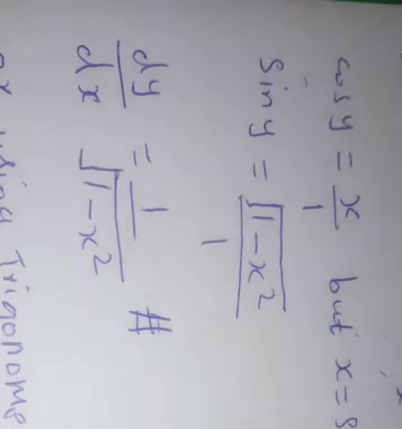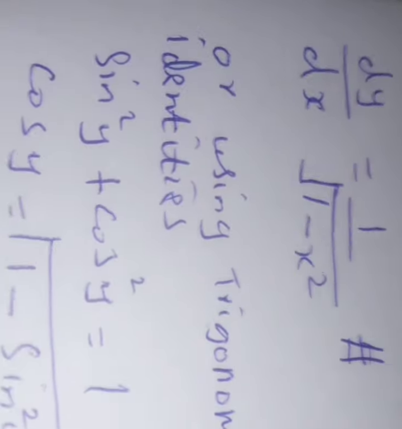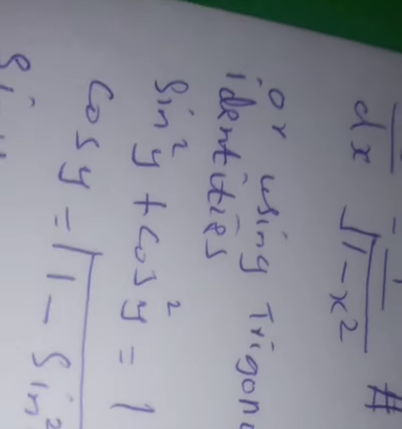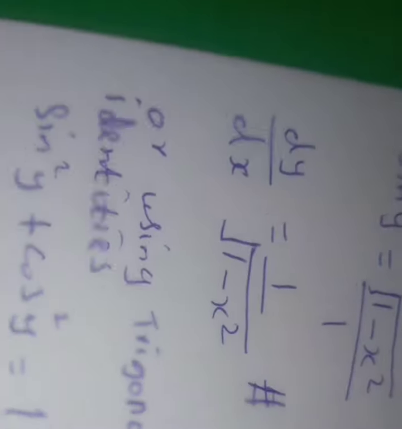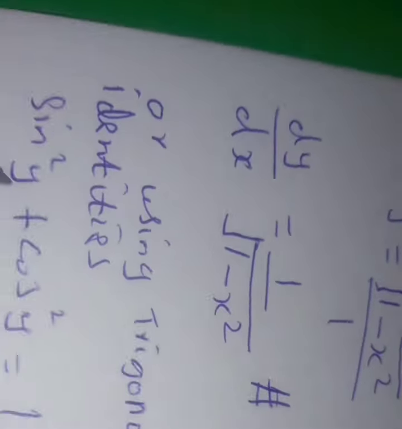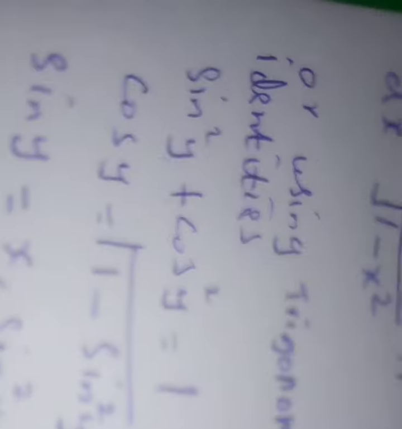We can get the same result by using a trigonometric identity, whereby we know sine squared y plus cos squared y is equal to 1.